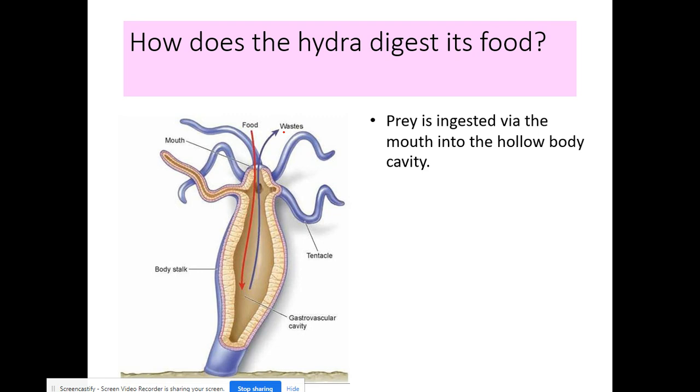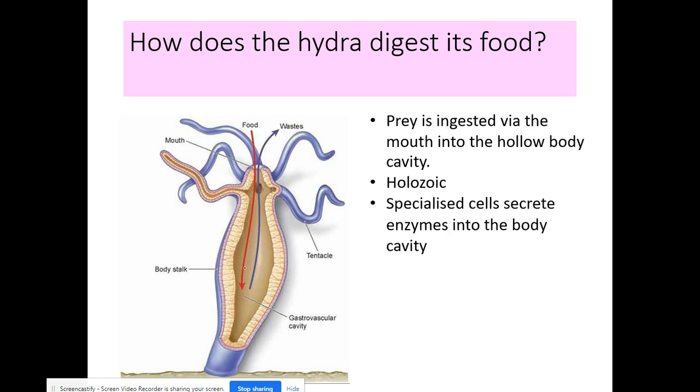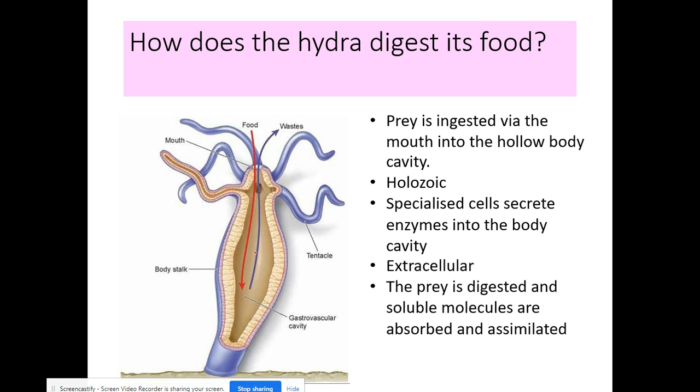So the prey is ingested via this mouth cavity. It gets stung and moved into here. And because it's being ingested into the body, we should know that it's a holozoic feeder. Specialized cells in this region here will secrete enzymes into this hollow body cavity, so it's a type of extracellular digestion.